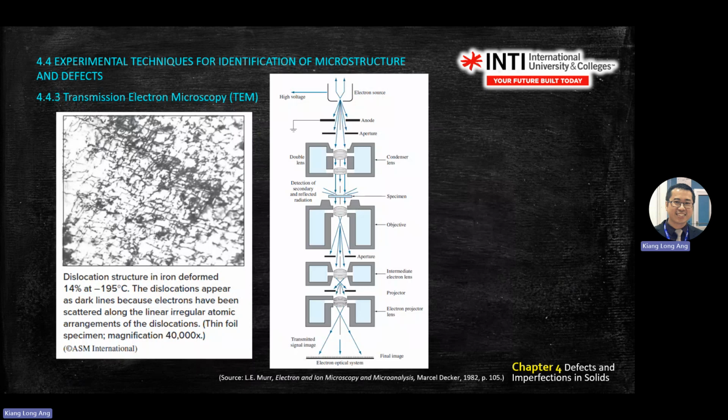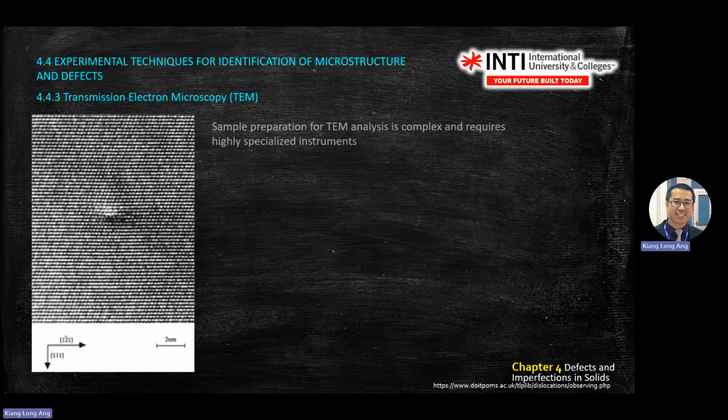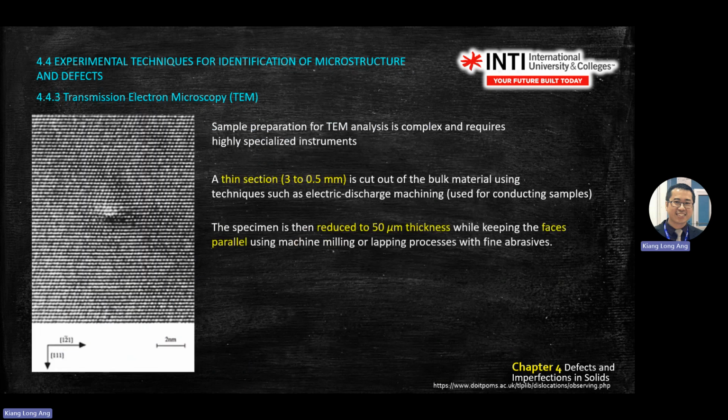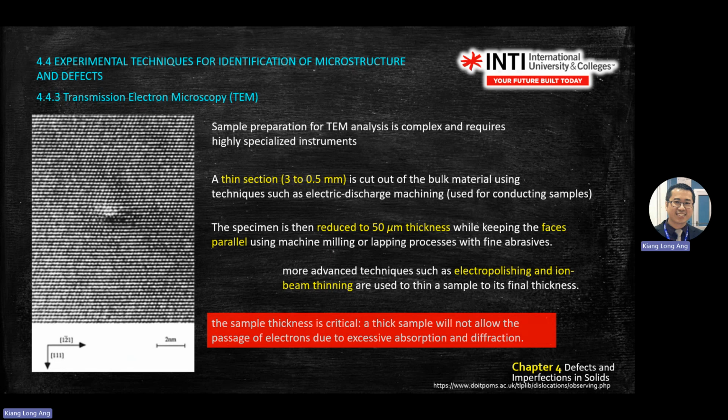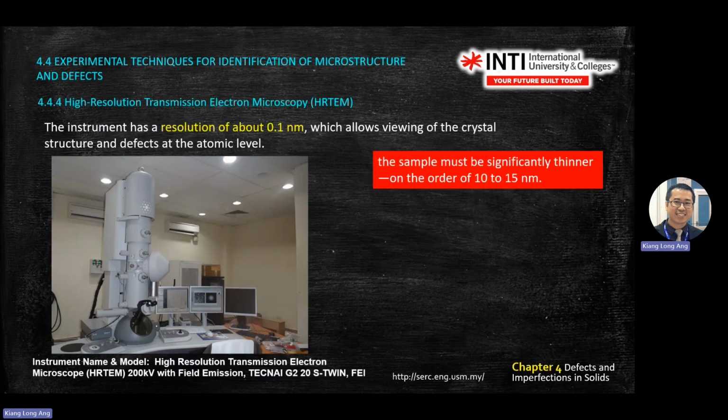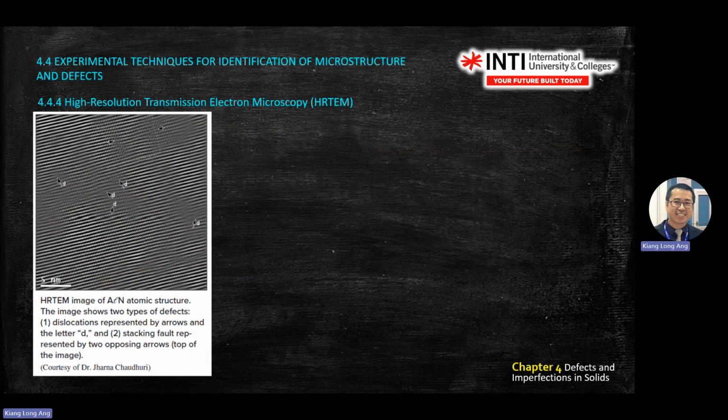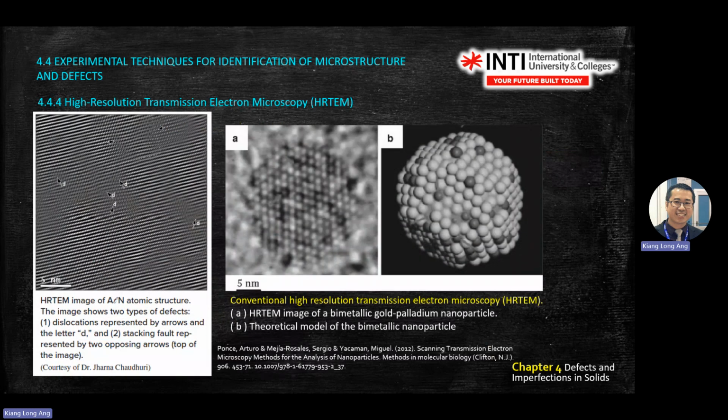The difference between SEM and TEM is the image that you can see, how clear they can see under the microscope. So with TEM you can see atomic level already. You can see atoms already. This one, high definition TEM, is more expensive and more detailed until you can see atomic size like that.